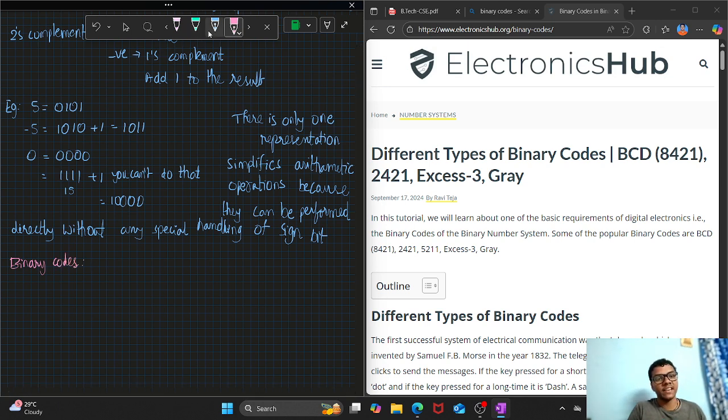A way of representing data in binary format. So we got weighted codes.